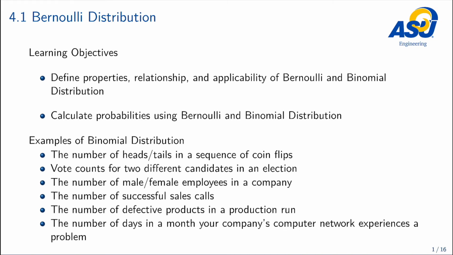The number of defective products in a production run. They are either okay or defective. The number of days in a month your company's computer network experiences a problem. It's either okay or down. So the main characteristic of the Bernoulli distribution is that we have only two possible outcomes.